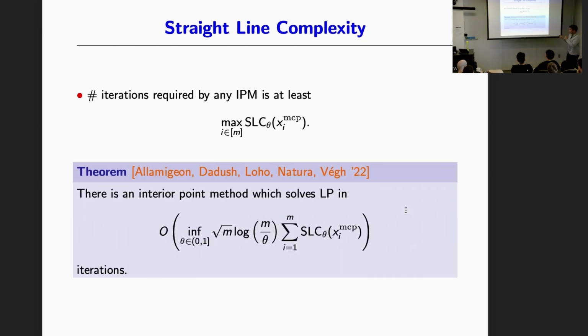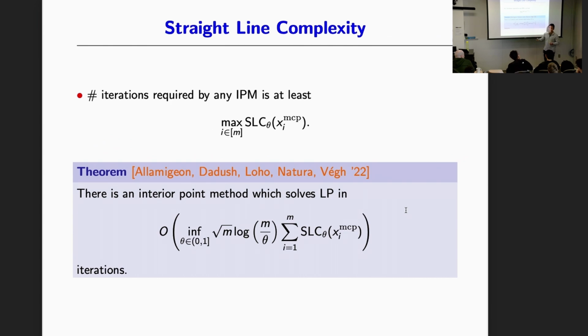Right? Surprisingly, Allamigeon, Dadush, Loho, Natura, and Végh design an interior point method which solves an LP in a number of iterations that's essentially parameterized by the sum of the straight line complexity on every coordinate, up to a small, strongly polynomial overhead. So you can essentially ignore this term and just look at this sum.